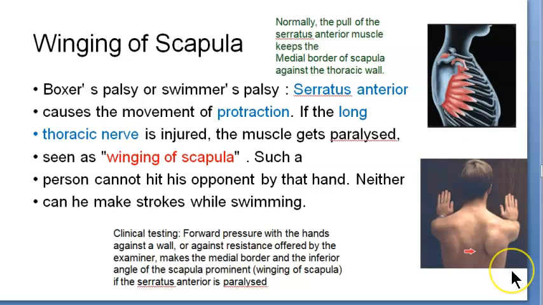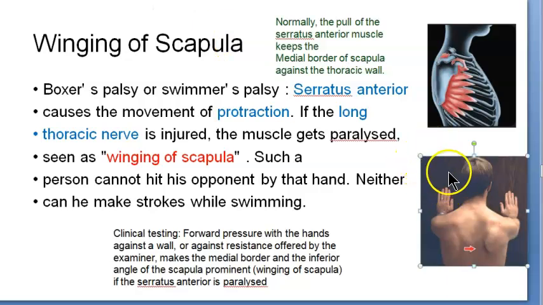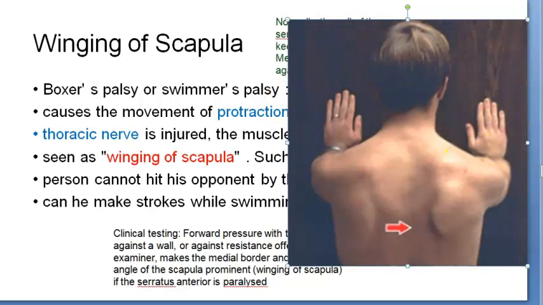Okay. So if you want to examine the patient, just ask him to put his hands in front of him like this and stand probably against a wall or something, and then you can just go behind and look. He'll have this medial border and the inferior angle prominent on the affected side. Okay.